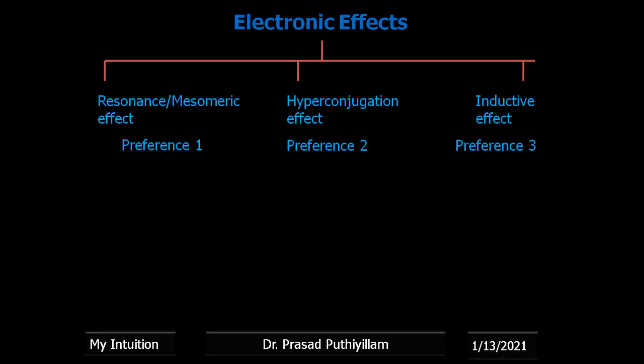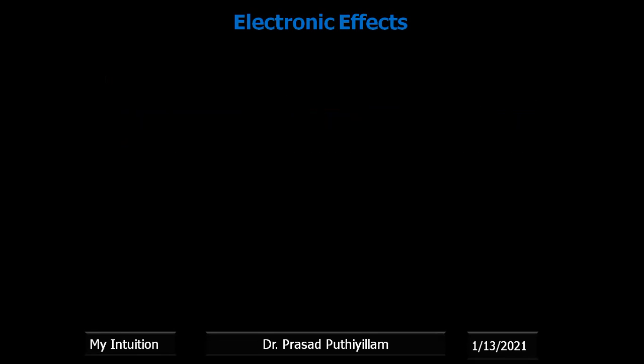Only up to the third carbon atom will the effect be there. Hyperconjugation is in between the mesomeric and inductive effects. This is how we give preference to the electronic effects in organic molecules to explain their stability, reactivity, or the stability of intermediates.